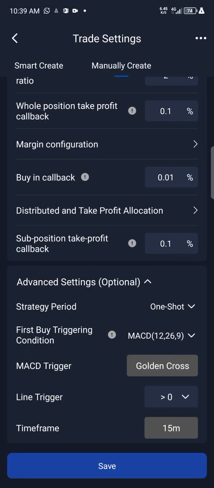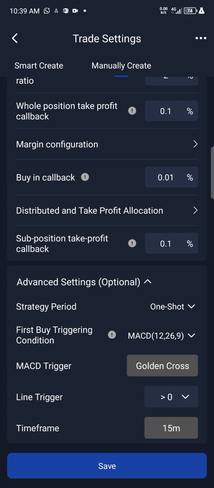Because we have already chosen that we want to do long, they know that long always goes with a golden cross, so it will pick the golden cross for you automatically, so you don't need to change it. What we need to change here is where we want the golden cross to happen. Is it below the zero line or above the zero line?